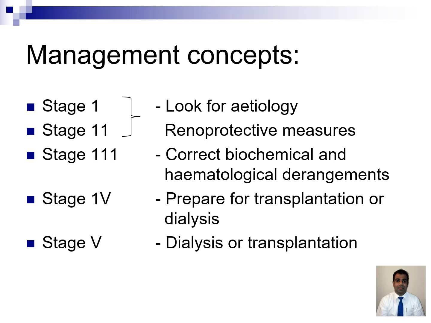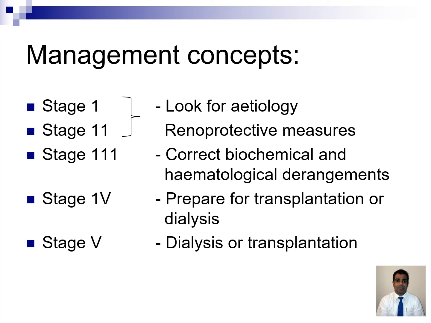So you need to prepare the patient for transplantation. You need to start looking for a donor and start working up or preparing the donor so that you can transplant the patient when the patient is at the stage where he needs a transplant.